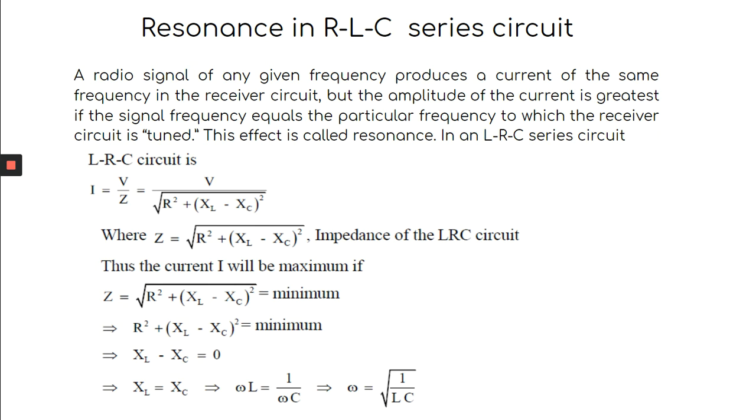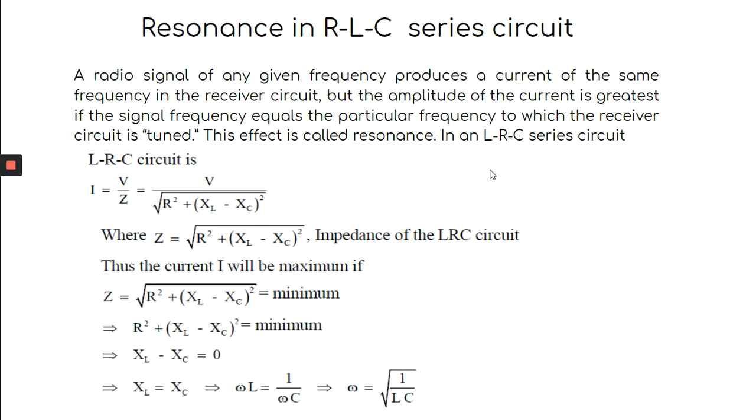What does this mean? When the natural frequency of the circuit in the radio matches the external frequency of the radio wave, only then can you say that the circuit is properly tuned.